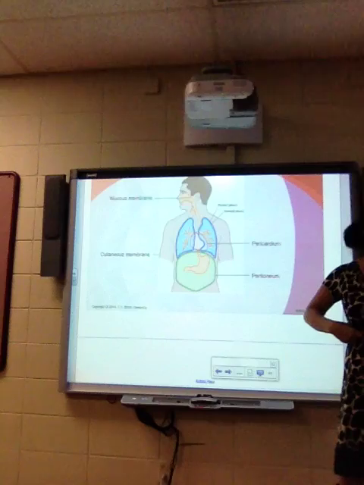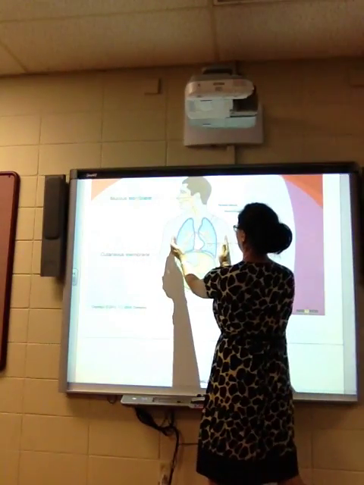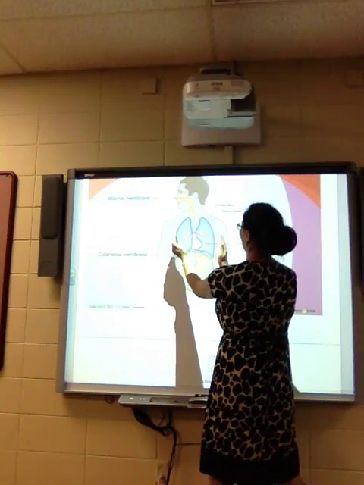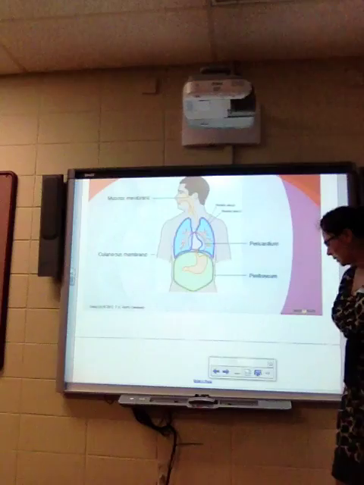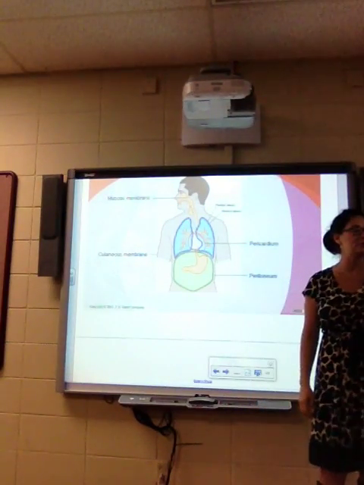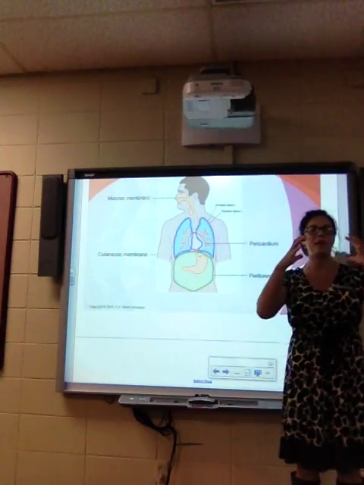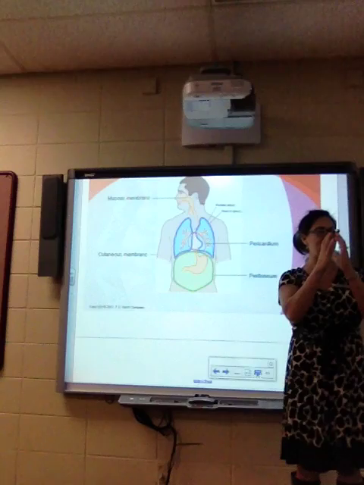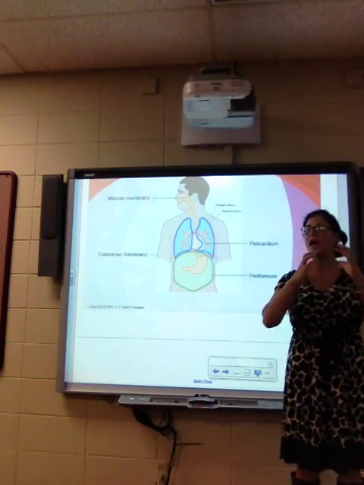So lining inside that cavity is parietal pleura. On top of the lungs is visceral pleura. Now the reason you need two different types of membranes, serous membranes, is because what happens when those lungs inflate and then deflate? They're slapping up against the rib cage every time.